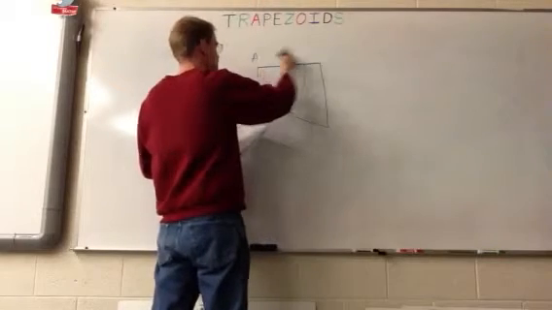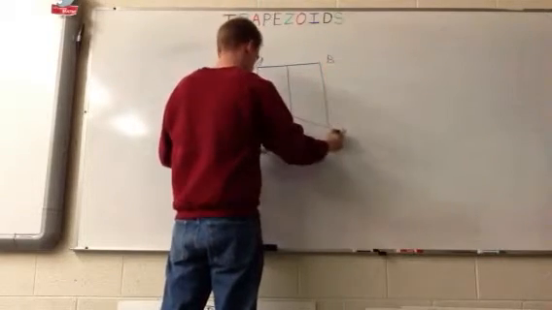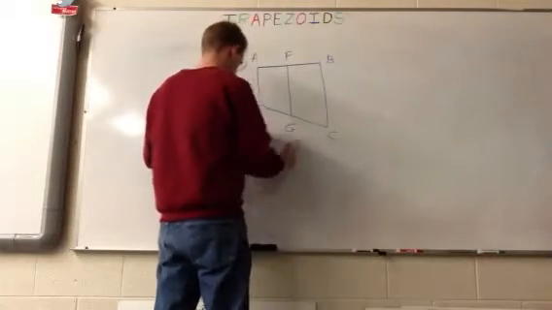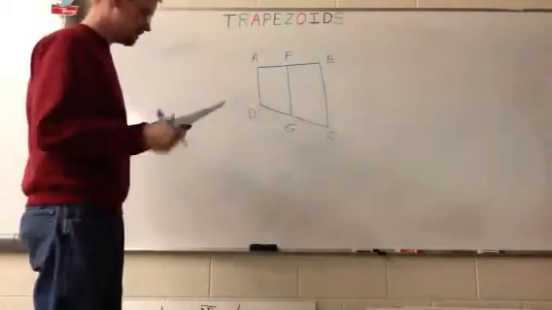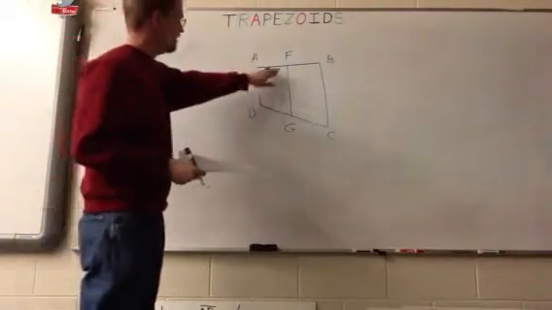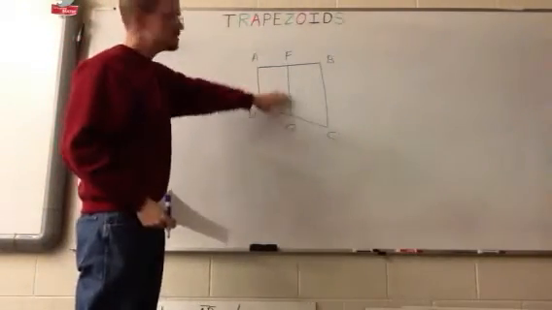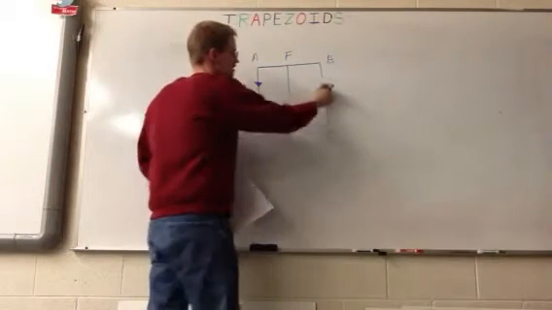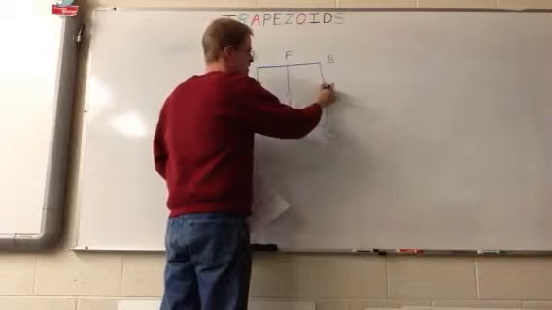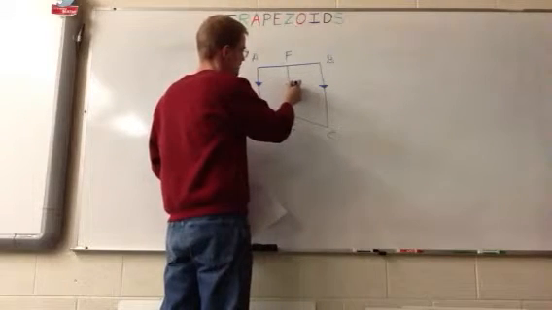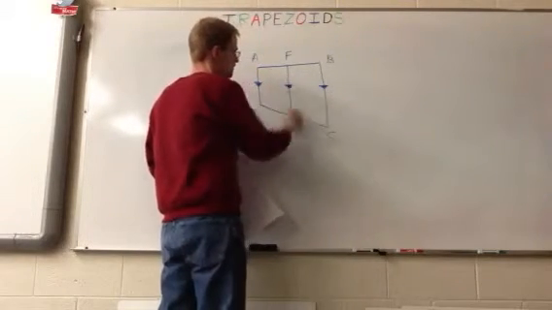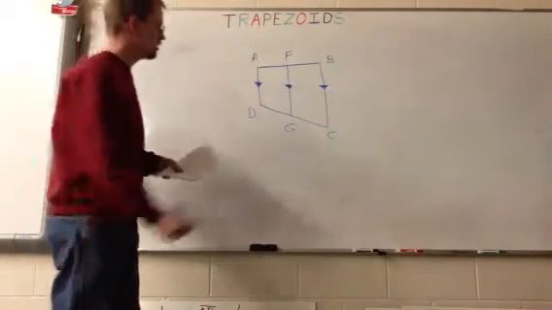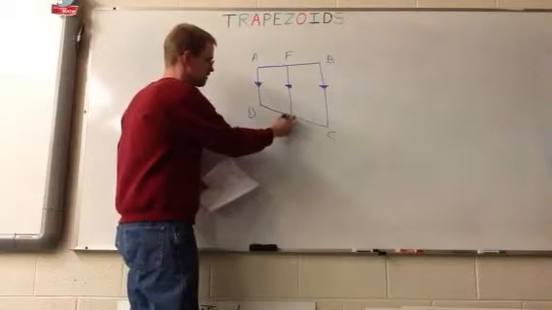It's A, B, C, D, F, and G. This is a trapezoid, ABCD, that has a mid-segment of FG. If this is where the mid-segment is, we can also say for sure that this line and this line are parallel. And of course, the mid-segment will also be parallel to those. The mid-segment is FG.